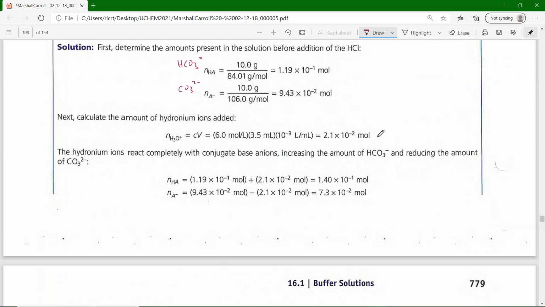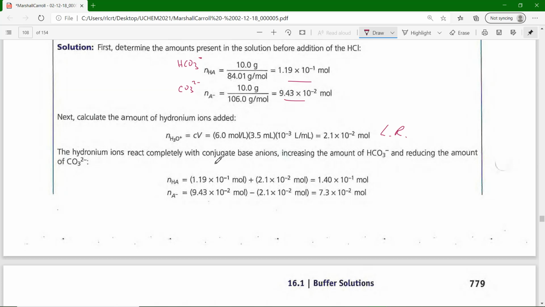How about that? Interesting. They're going to say that because this 2.1 by 10 to the minus 2 is smaller than either of these moles, that this is the limiting reactant. Okay, so the incoming hydronium reacts completely. That's why it's the limiting reactant with, now which one is it going to react with?